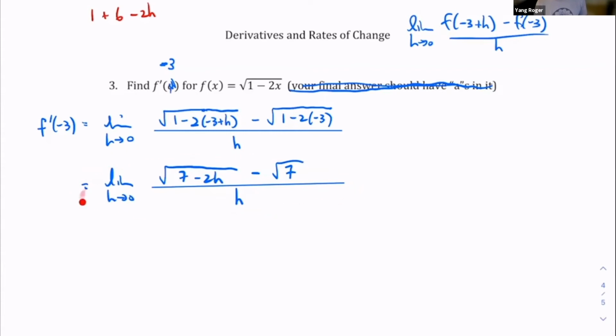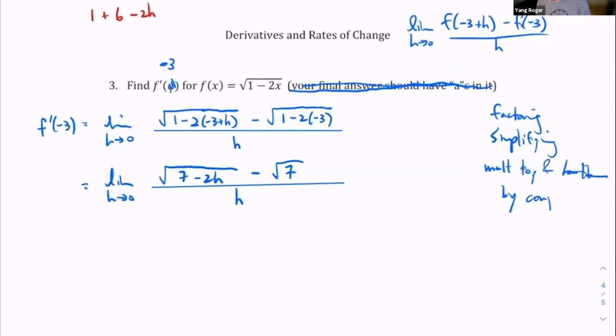So hopefully we all got this far. Here's where we sort of used our different techniques. Aaron, I have a question for you. Just say pass if you don't want to answer. Do you want to try factoring, simplifying, multiplying top and bottom by the conjugate, or one-sided limits?